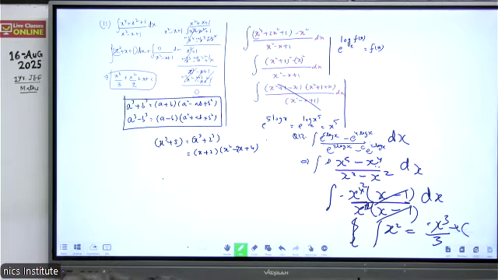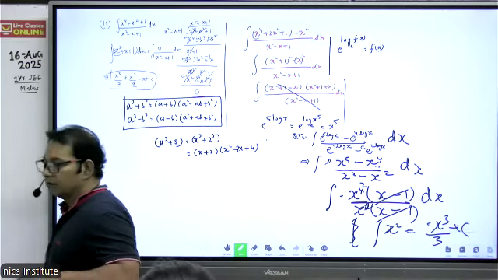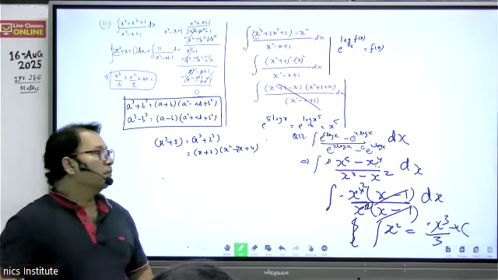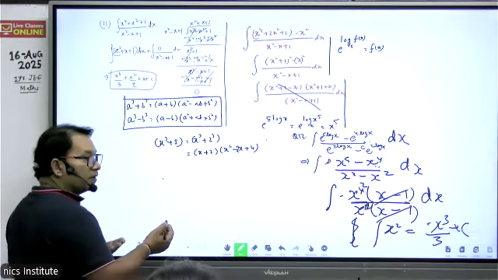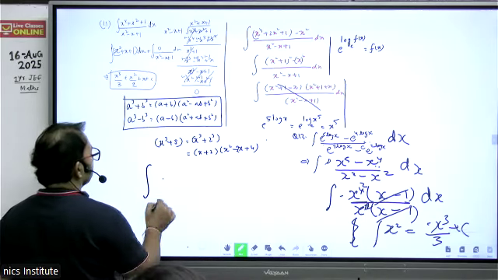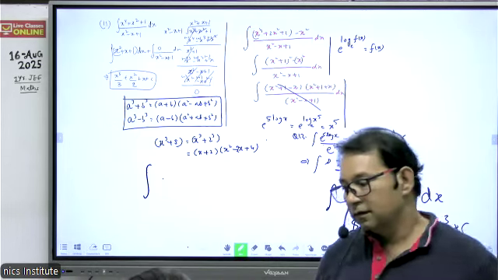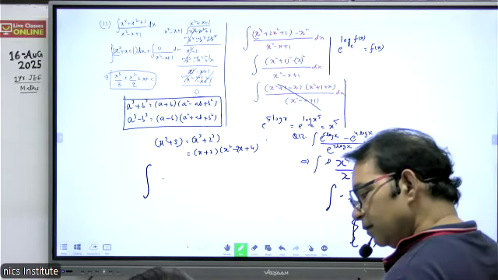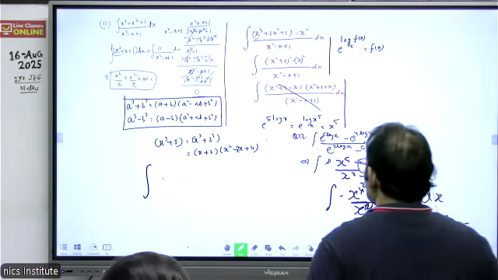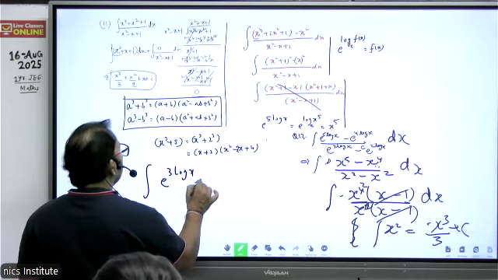Next. In the next question, you use the same property, because you are integrating x to the power 7. So integration of x to the power 7 will be x to the power 8 by 8 only. इससे पहले वाला क्वेश्चन क्या था? This is e to the power 3 log x into x to the power 4 dx.